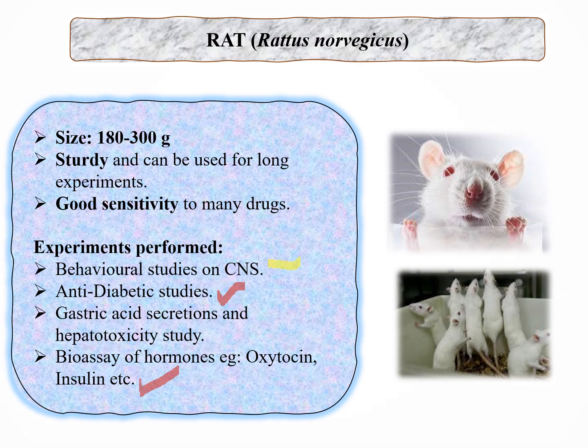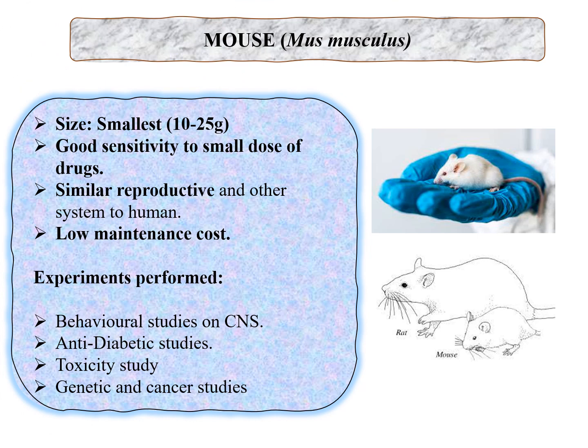Next experimental animal is the mouse. The biological name is Mus musculus. They are smaller in size, around 10 times smaller than rats, between 10 to 25 grams in weight. They have good sensitivity to small doses of drugs, similar reproductive and other systems to human, and they have low maintenance costs.